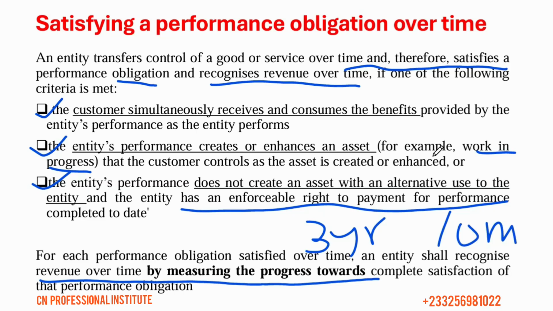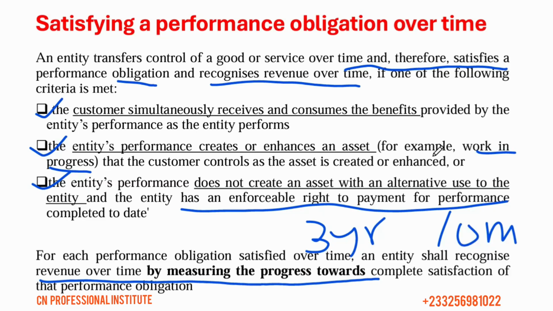Taking the payroll, for instance, let's say the period is 5 years. What you can do is spread the total cost over 5 years. Divide the total payroll cost, the amount you are charging them, by 5 years, and then every year you record an amount. Are you following? So that's how we measure revenue if performance obligation is over time.